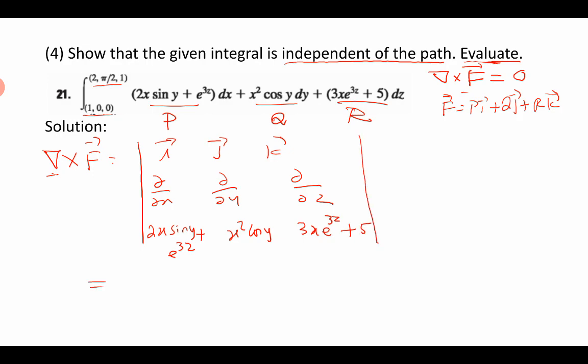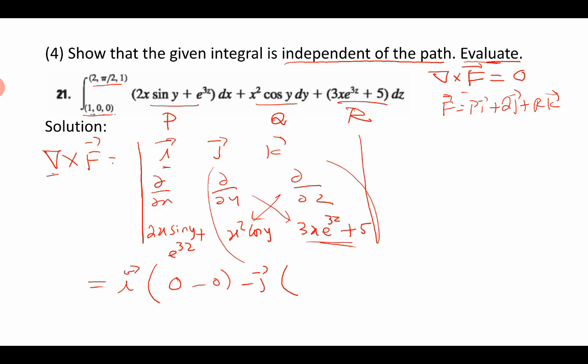Now the determinant. I times, when you take i, the determinant of these 4 terms, with respect to y there is no y, so this term is 0. With respect to z, there is no z, so this term is also 0.